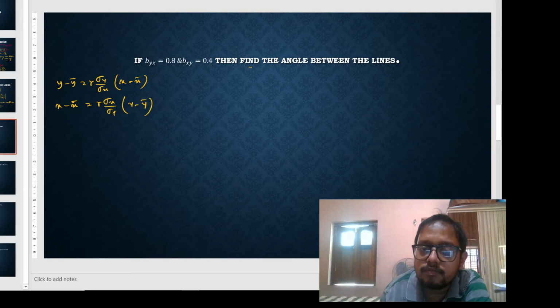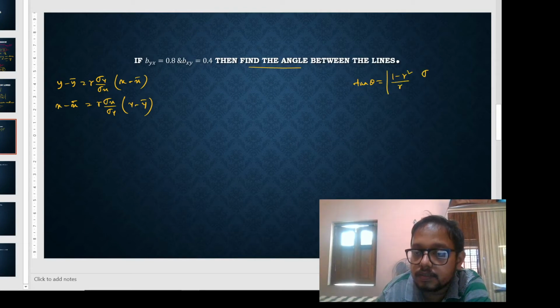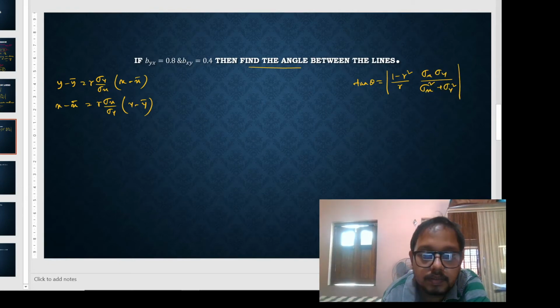So from here, how can I find the angle between these lines? And we know that tan theta is equal to 1 minus r square by r, sigma x sigma y by sigma x square plus sigma y square.